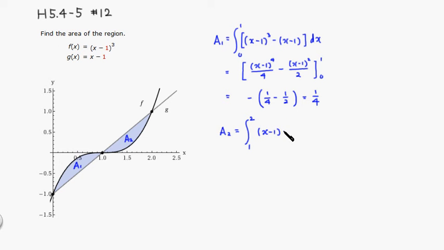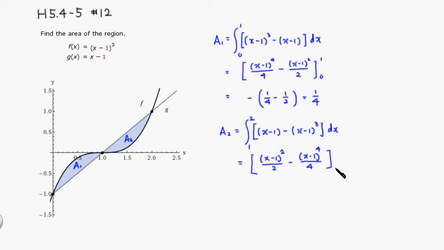The bottom one is the cubic one, the quantity x minus 1 cubed, and dx. Let's find the antiderivative.